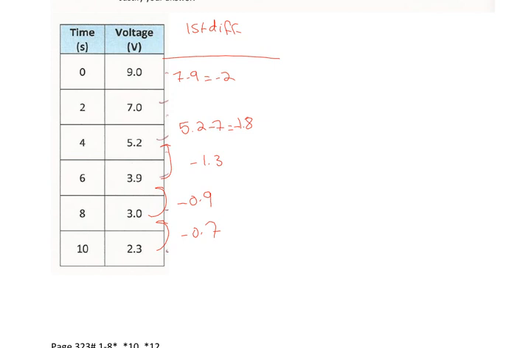Why does it say 7.9? No, that's 7 minus 9. So what can you tell me about the first difference? Does it seem like it's almost constant or no? They're all over the place, right? It's decreasing, right? So negative 2, negative 1.8, negative 1.3. So it doesn't look like it is constant. So we're going to test the second difference.